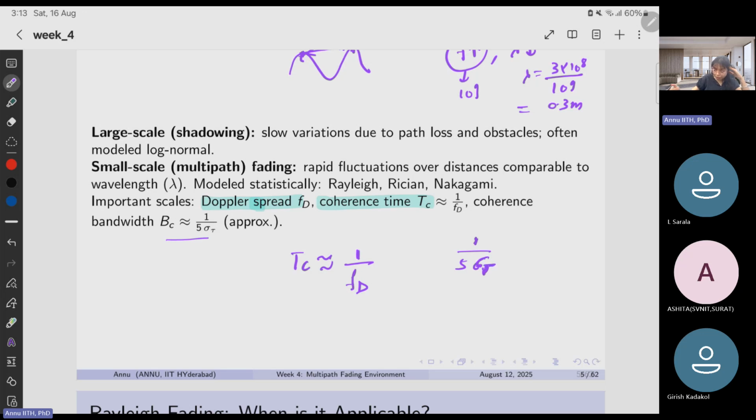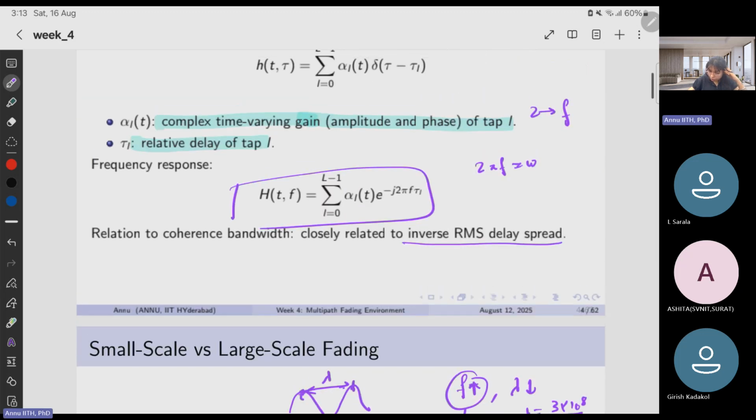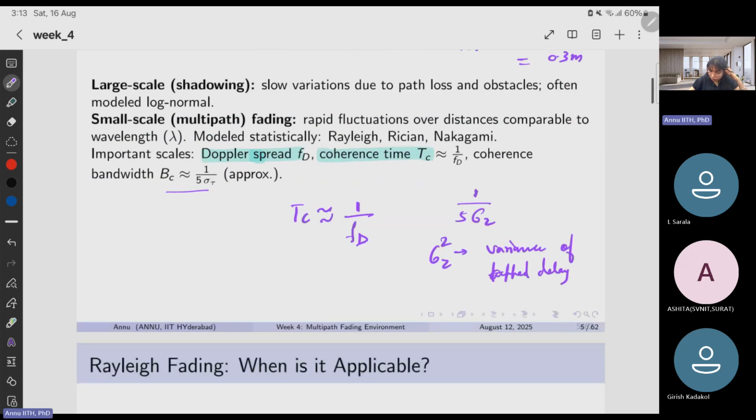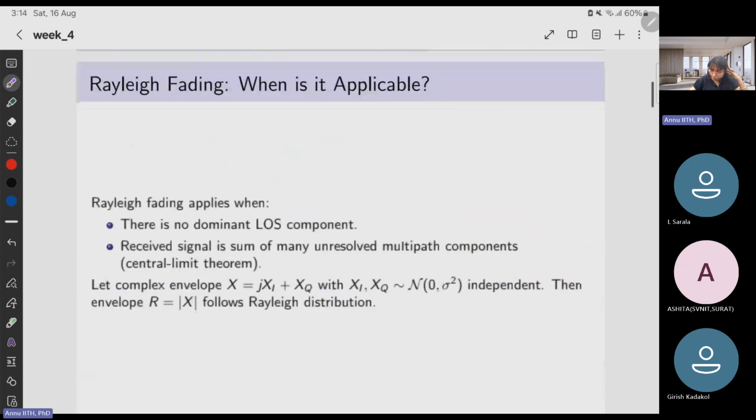So here sigma_tau is nothing but the standard deviation, sigma squared tau is the variance of tapped delay. So this delay, as you say, is tau, the tapped delay, the relative delay of tap i.